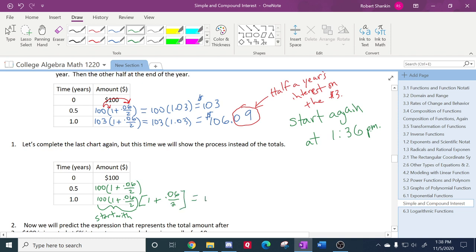But this is really 100 times 1 plus 0.06 divided by 2 raised to the second power. There are 2 of these. Okay, so that's what we end up with if we're just showing the process instead of getting these totals.